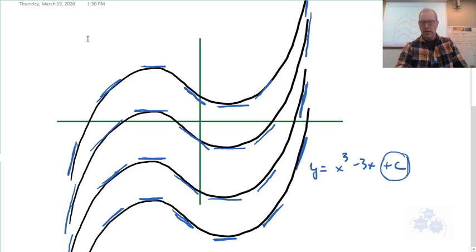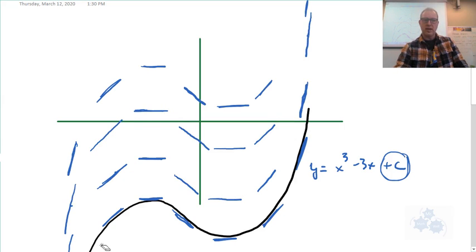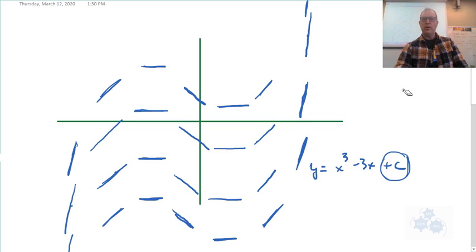Now watch what I'm going to do here. I did that by collecting just 4 graphs. Now, if I do this and get rid of the graphs that I used, look at what we have. This is called a slope field.